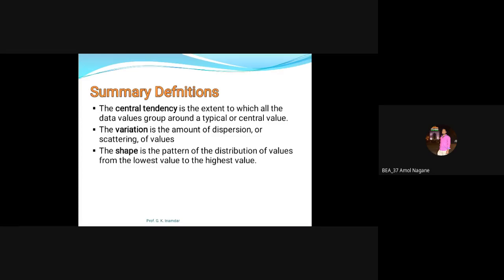Variation is the amount of dispersion or scattering of values. These are important factors while analyzing or reading control charts. So central tendency is the grouping of data.